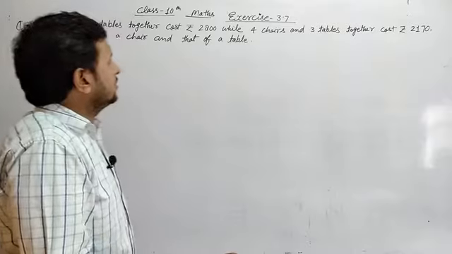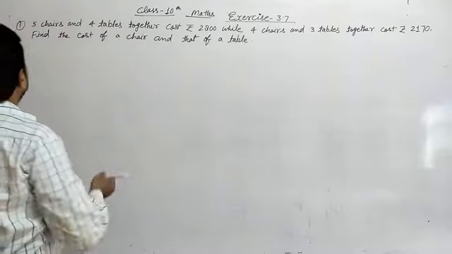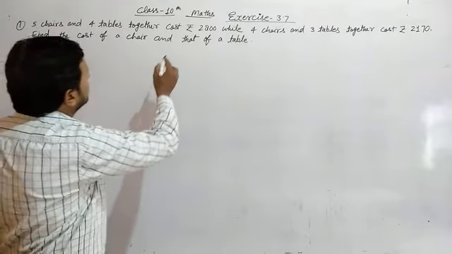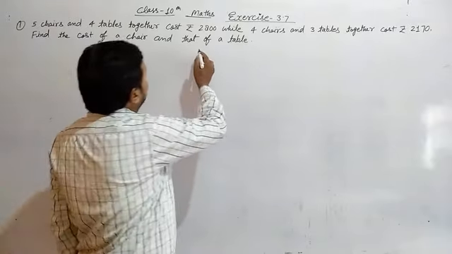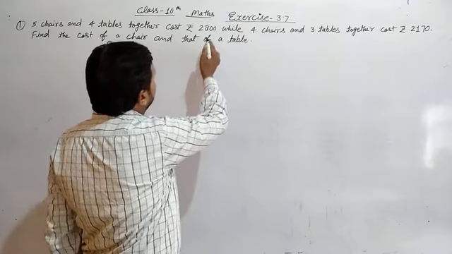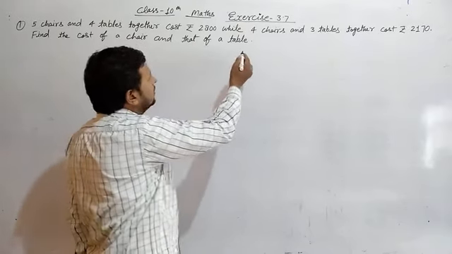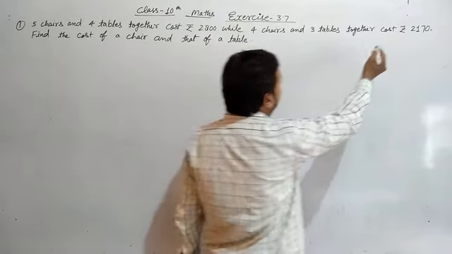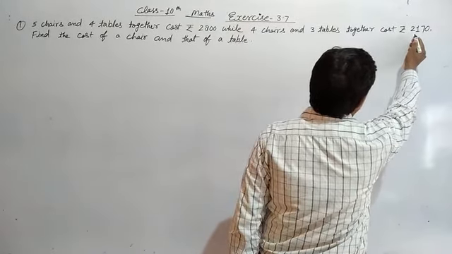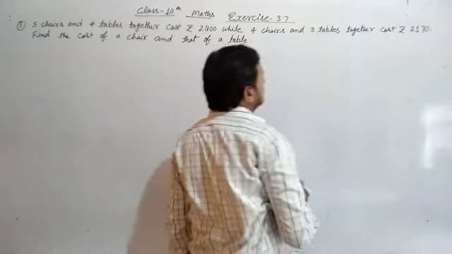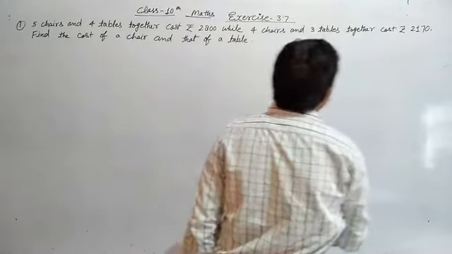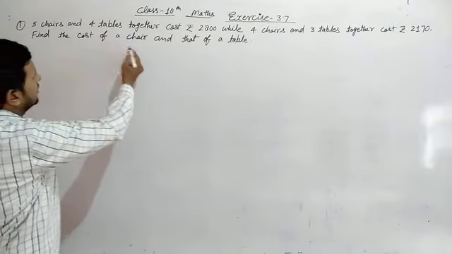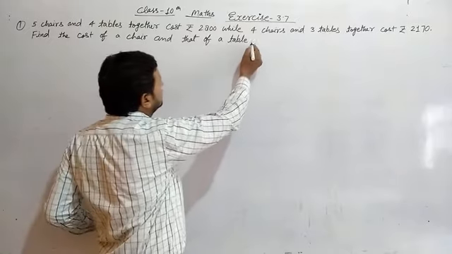Okay, so let's see. Question number 1: 5 chairs and 4 tables together cost rupees 2800, while 4 chairs and 3 tables together cost rupees 2170. Now find the cost of a chair and that of a table.